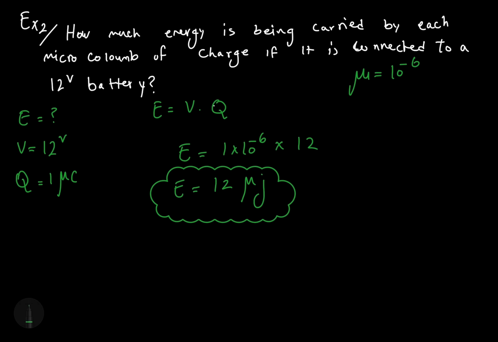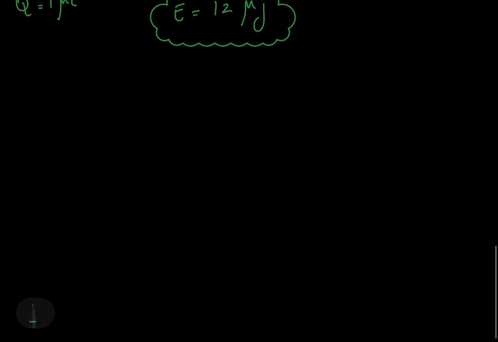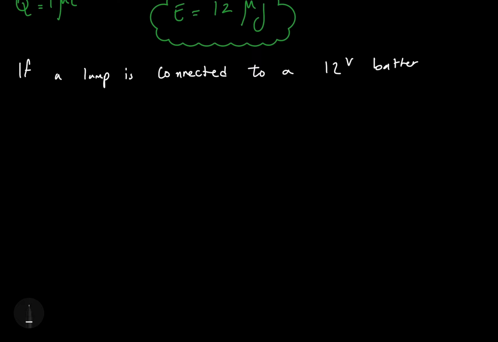Let's say a lamp is connected to a 12-volt battery for 5 seconds and a current of, let's say, 6 amperes is being produced.